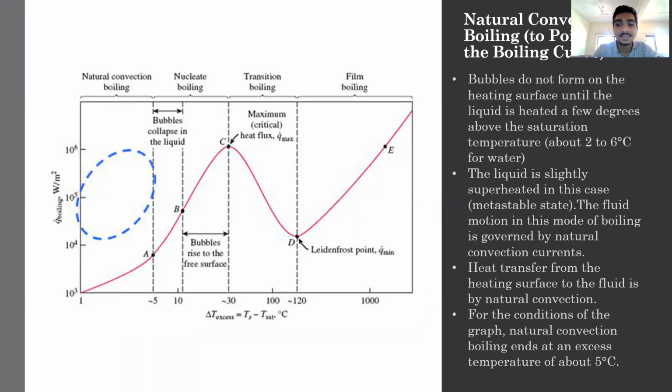The liquid is slightly superheated, in this case a metastable state. The fluid motion in this mode of boiling is governed by natural convection currents, and heat transfer from the heating surface to the fluid is by natural convection. For the conditions of the graph, natural convection boiling ends at an excess temperature of 5 degrees Celsius. So this was about natural convection boiling.